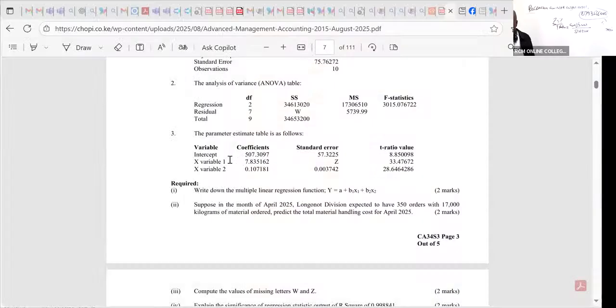Remember the missing term is under variable 1, this Z. The T ratio corresponding for this variable is 33.47, equals the coefficient that has been given there for X1. The coefficient is 7835.